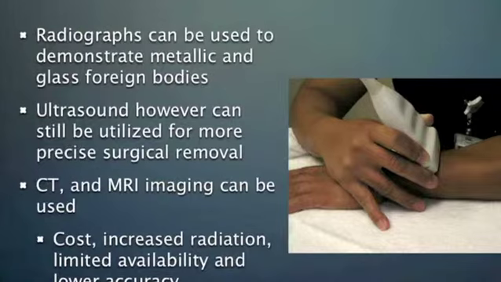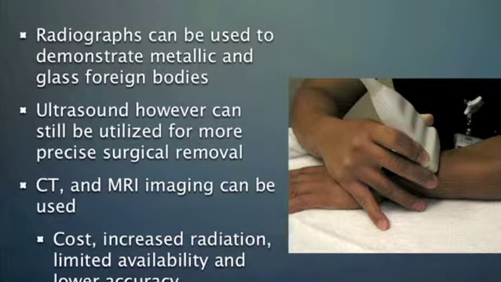Just seeing a plain film, even a 2-view plain film, can be very misleading about where to actually search for the foreign body, as one is often misled by looking at a soft tissue surface injury, which may not be anywhere near where the foreign body is actually located.